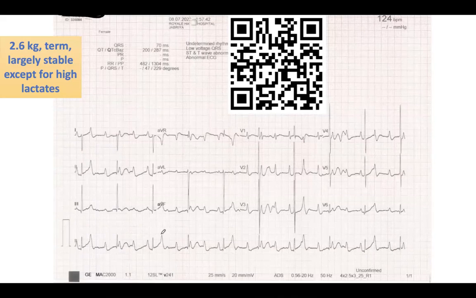Correct, different QRS morphology. Okay. Anyone would like to say something else, guys? What is your main diagnosis, or you can't tell yet?